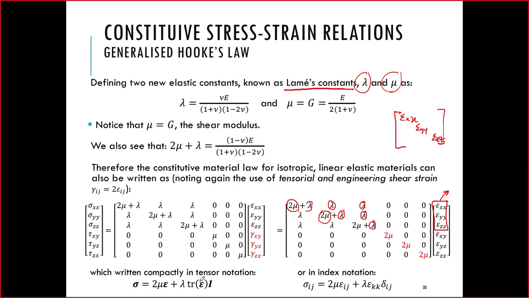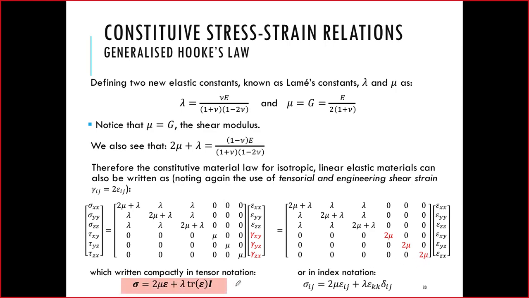So that's why it's lambda with the trace of epsilon multiplied by the identity. Ignore the identity part for now, that's enough. The longer we stare at this expression and think about it, the more it will make sense that yes, indeed, this matrix equation is represented like so in tensor or index notation.